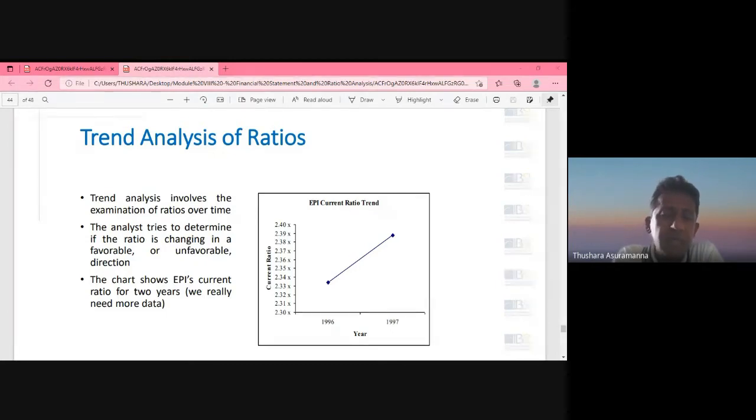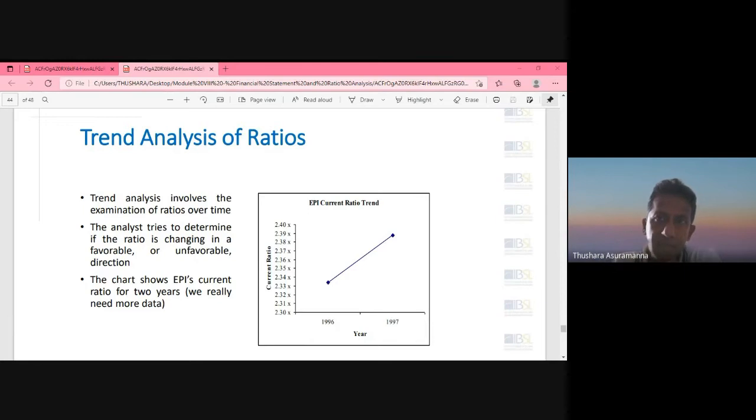Basically, if you see this current ratio trend, on the y-axis it says how many times, 2.3, like that. Then this comes year on year. Let's say you have 96, 97, 98, throughout a 5-year period, then you can see a trend of movement of the current ratio or quick ratio, cash ratio, efficiency ratios. The first idea is we try to find any trend.